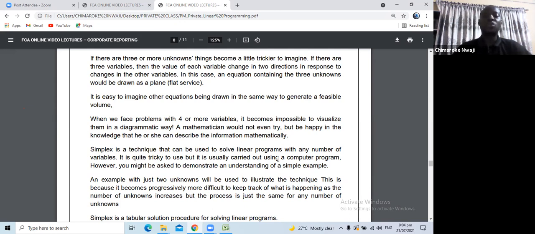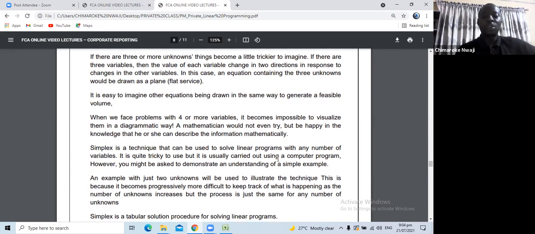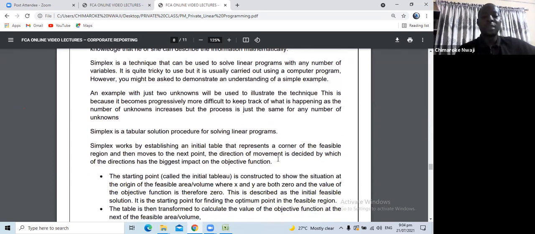If we use 2 unknowns to illustrate and it works, then we can always trust it to work for 3 unknowns, 4 unknowns, 10 unknowns. Now, the simplex method is a tabular procedure for solving linear problems.